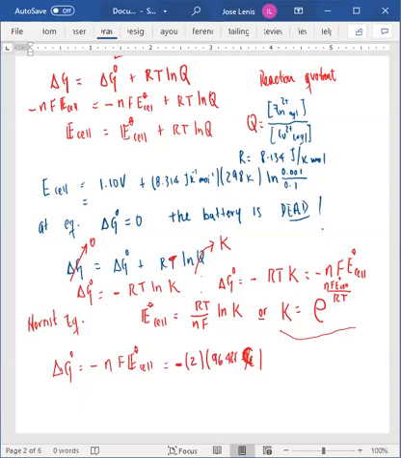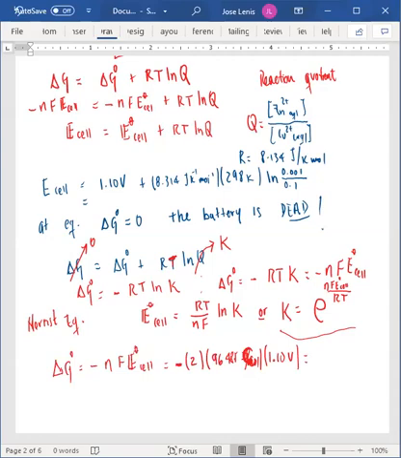Per mole. Times the potential of the cell we just calculated to be 1.10 volts. And that's how you find the free energy of the cell.